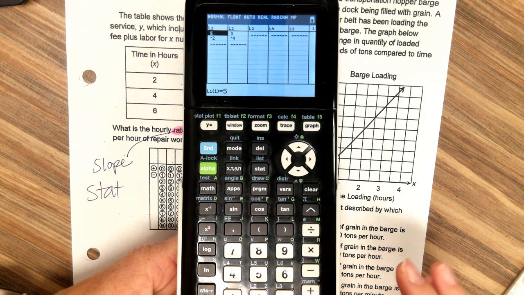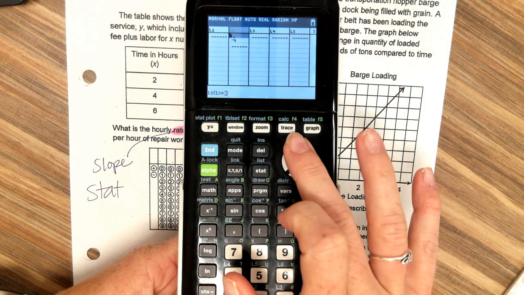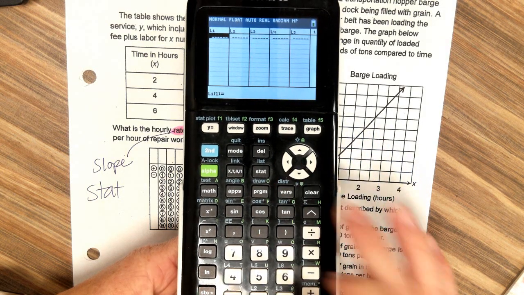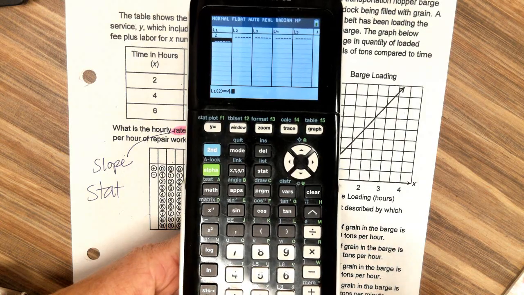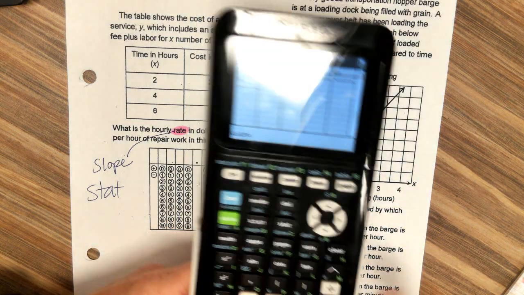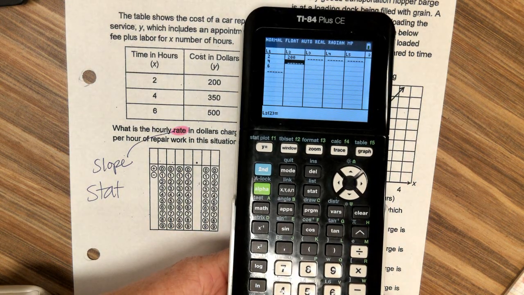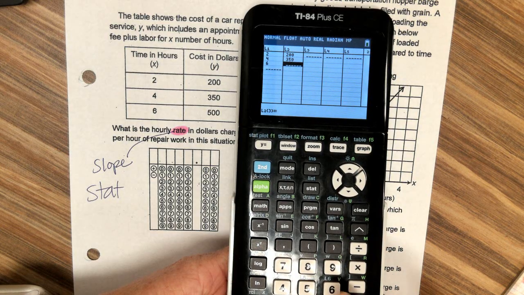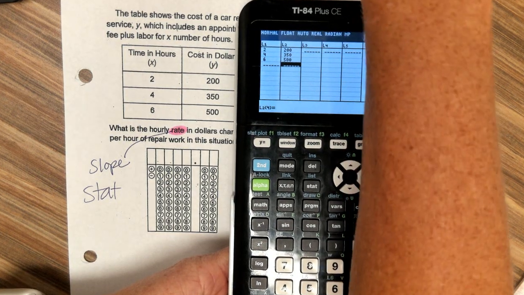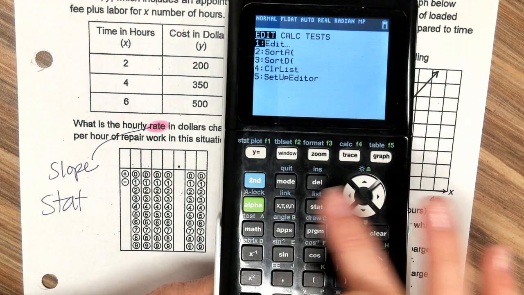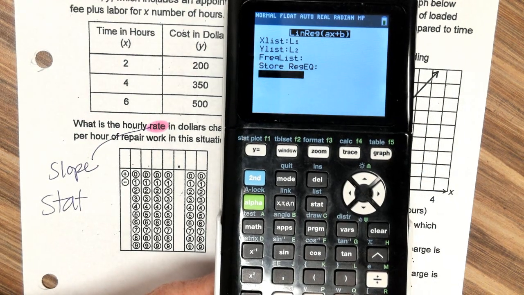So stat edit, clear out whatever's there. Then stat calc, option 4.